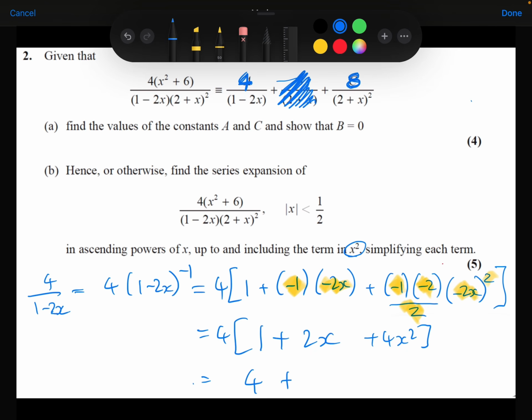Multiply through by 4. So yeah, 4 times the 2x is 8x. The 4 times the 4x squared is 16x squared. So this is the same thing as this. So let me copy that down.